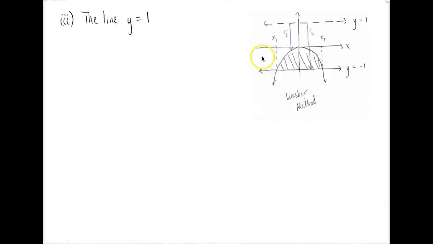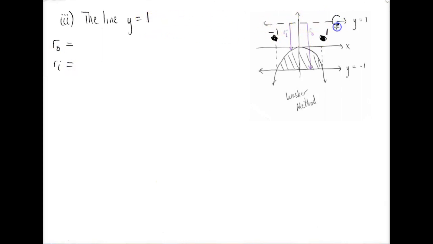So for our last example, you see we have our drawing here of y equals negative x squared and y equals -1. Just as we said before, we know the limits of integration here are from -1 to 1. Now the thing that's different is we need to define the outer and inner radius again, where the line is at y equals 1.